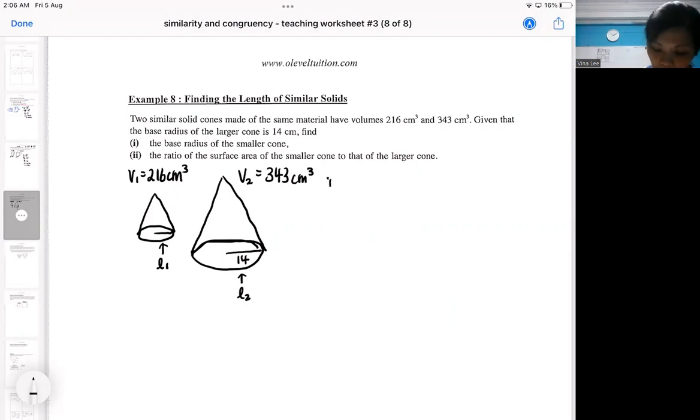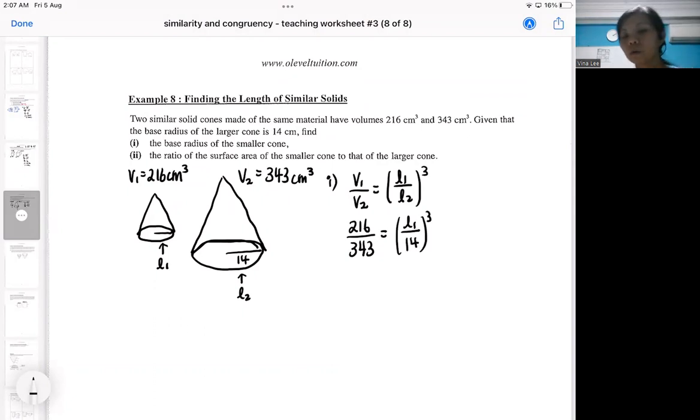Again, I'm going to write out the ratio. Write out the formula, plug in whatever you have. How do you proceed from there? You can cube the fraction, then you cross multiply. For me, I think it's much easier if I cube root.